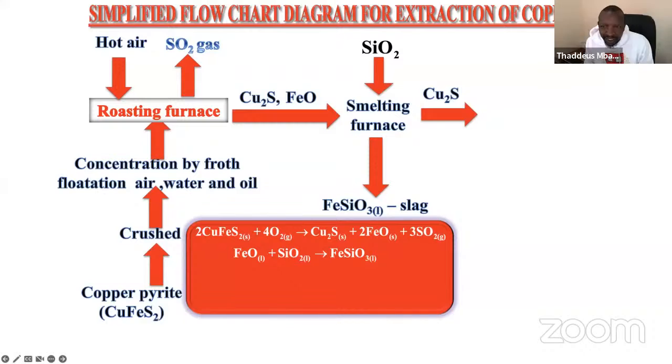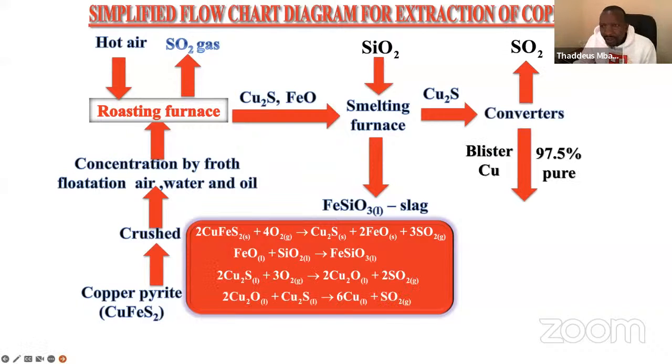From here we are going to the converters, whereby some of the copper 1 sulfide reacts with oxygen to form copper 1 oxide and sulfur 4 oxide. The copper 1 oxide formed reacts with the remaining copper 1 sulfide to form copper and sulfur 4 oxide. Period. That's okay.